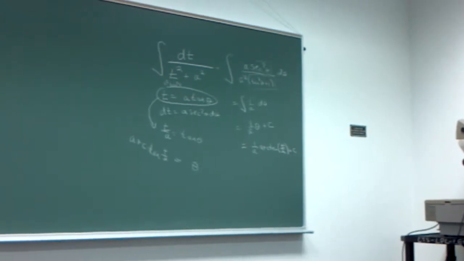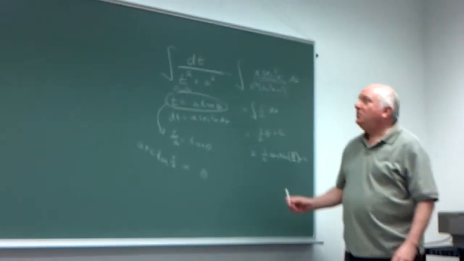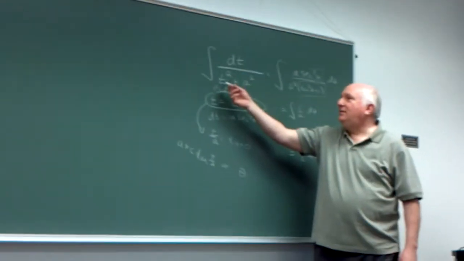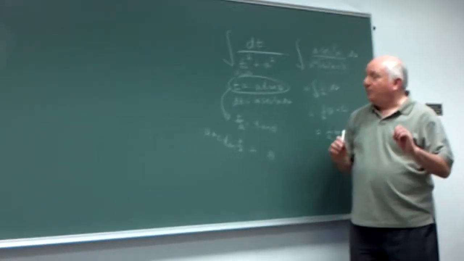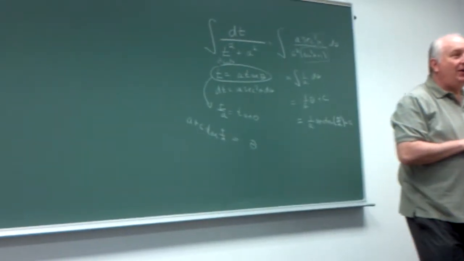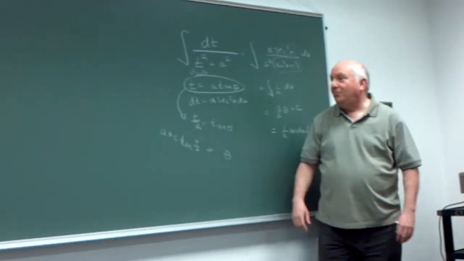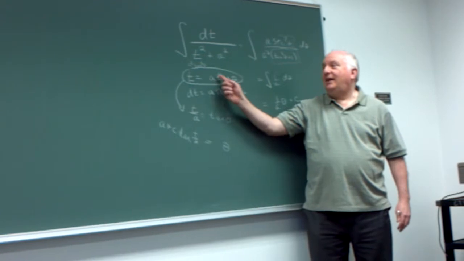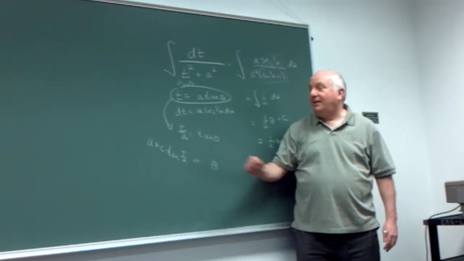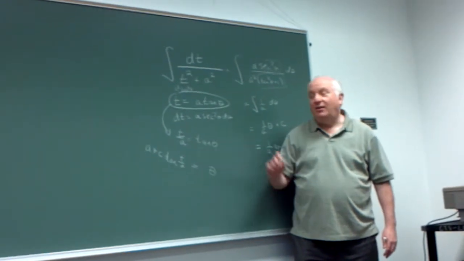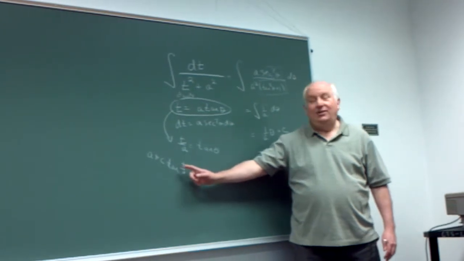Okay, so if it's something like this, what we want to do is replace t by a tan of theta. Now, if you were looking at a solutions manual, they could say that you're replacing t by a tan of theta, or equivalently, replacing t over a by tan of theta, or equivalently, letting theta equal the arctan of t over a.